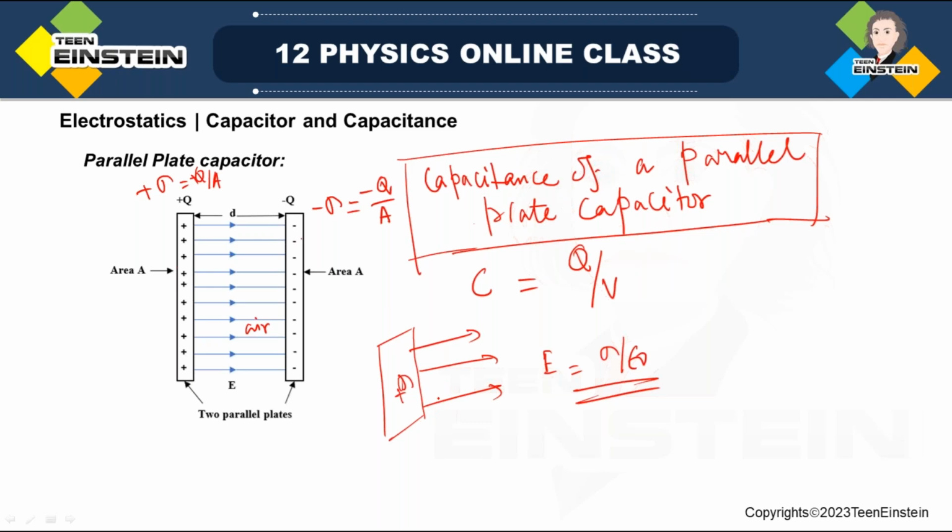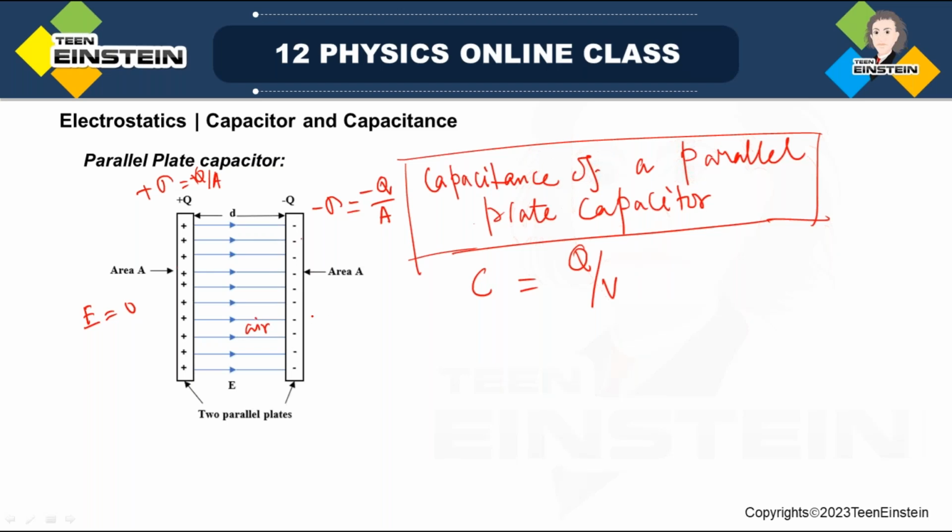With the use of this, we can find the potential difference between them. You have to find the electric field in each region. This region will be 0, as we already discussed, and this region also will be 0. The only region is the space between the plates, which will have a uniform electric field.